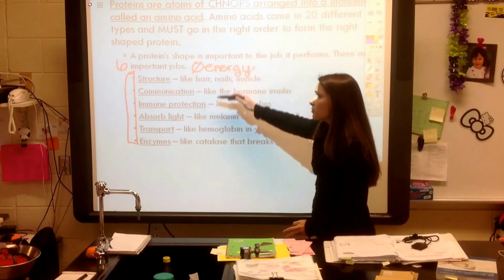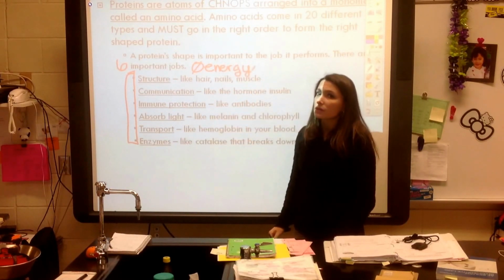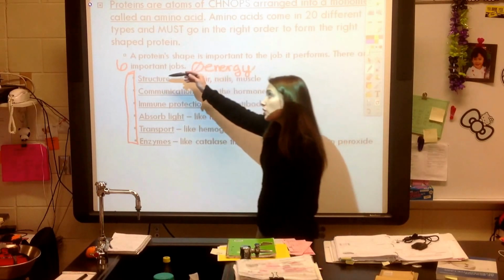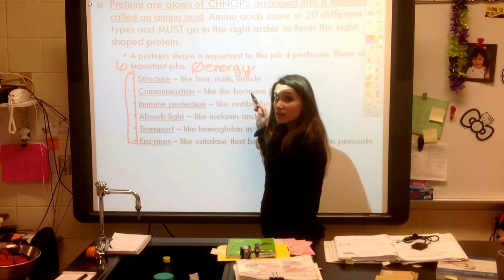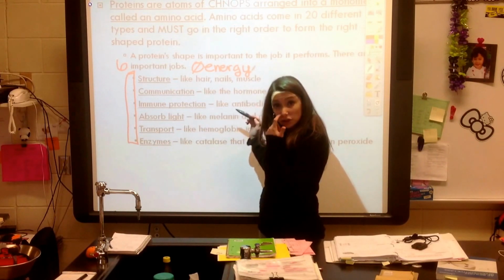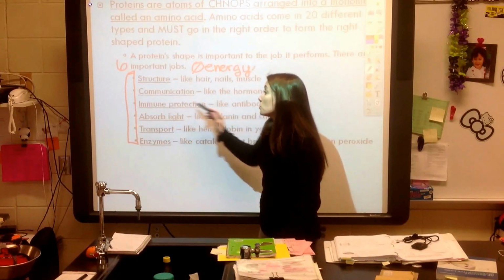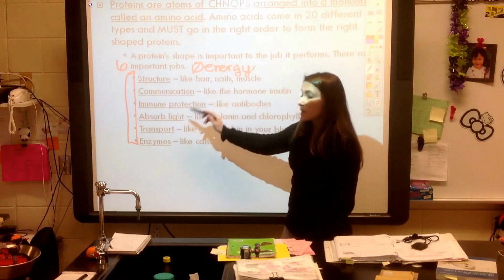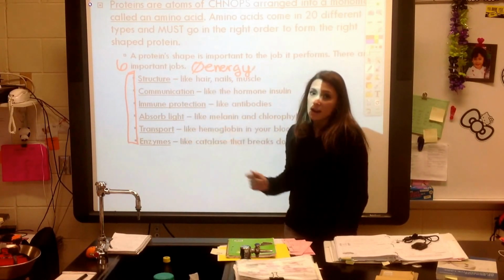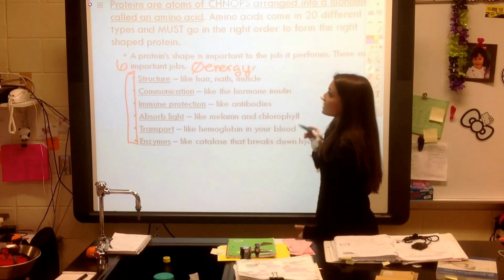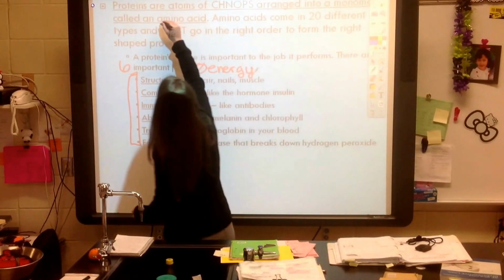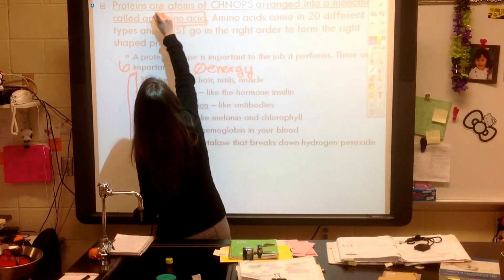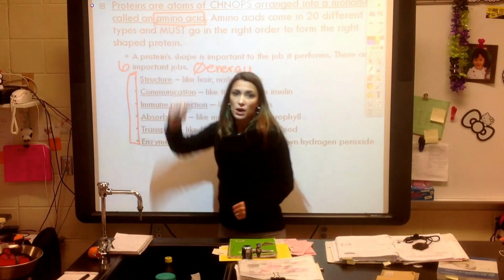You do need to memorize these 6 important jobs: structure, like hair and nails; communication, like a hormone insulin that tells your body how much sugar is in your blood; immune protection; absorbing light; transport; and enzymes. And these are the 6 jobs of a protein. The other thing, of course, that you need to know is the name of the monomer, an amino acid.